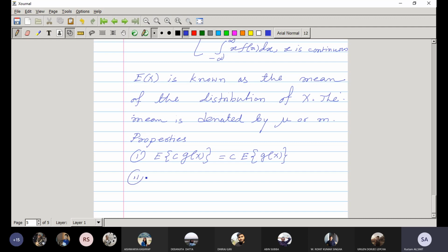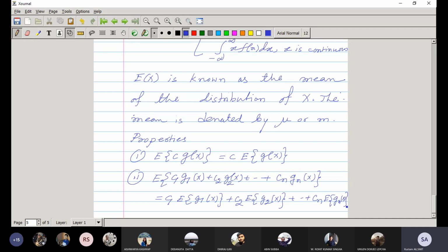And number 2, expectation of C1 g1 of x plus C2 g2 of x plus up to Cn gn of x will be C1 expectation of g1 of x plus C2 expectation of g2 of x plus Cn expectation of gn of x.